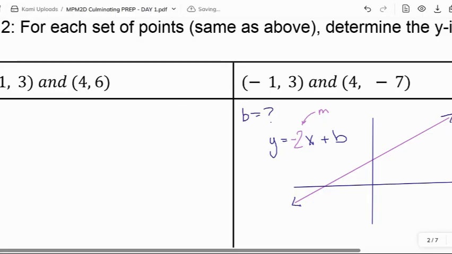Like on the graph, an infinite number of points. How many y-intercepts does that line have? Right. So it doesn't matter which point you use because every single point on this line must result in the same y-intercept.